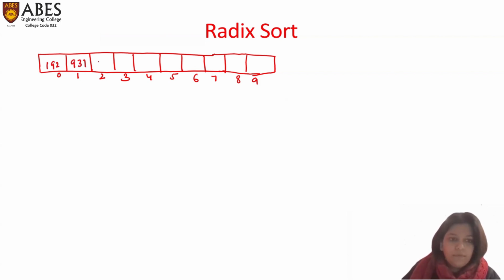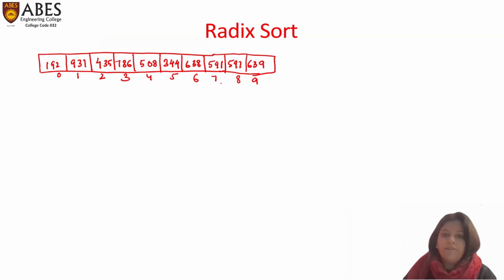We can take any value. Suppose these are the values that we have taken and we want to sort them with the help of Radix sort.